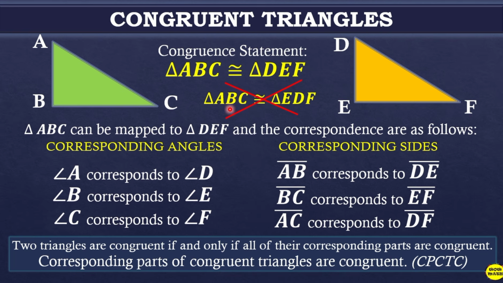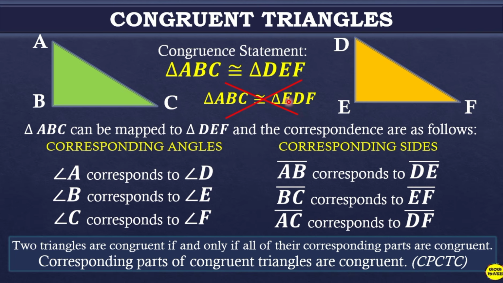Why? Kasi dito po, ito po ang magsasabi niyan. Kung i-check ninyo ito, si angle A corresponds to angle E, and that is wrong. Based dito sa ating nakuha, angle A corresponds to angle D. So, ito siya. Angle A corresponds to angle D, and then si angle B corresponds to angle D. Pero dito, ang angle E siya.